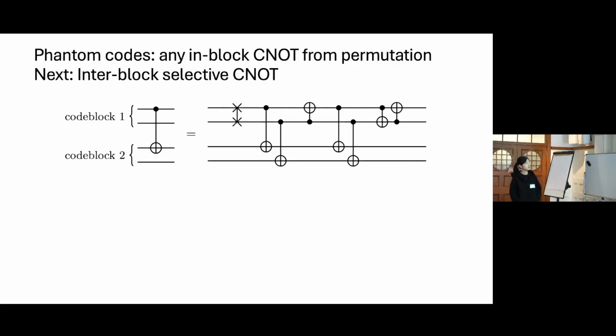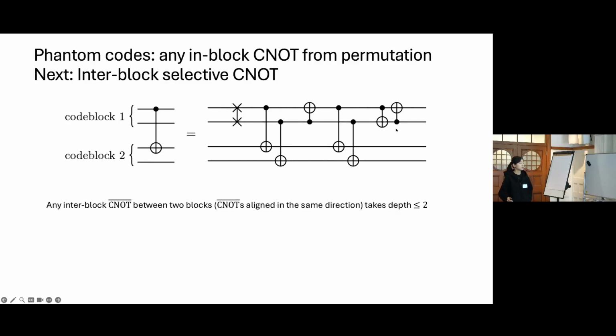Okay, so now this phantom code can do any in-block CNOT from permutation, and then we are gradually getting to the full Clifford group. So the first thing we want to do is an interblock selective CNOT. So this is enabled by this circuit identity. So this is across 2 blocks, and those permutations inside the block can be achieved through permutations.